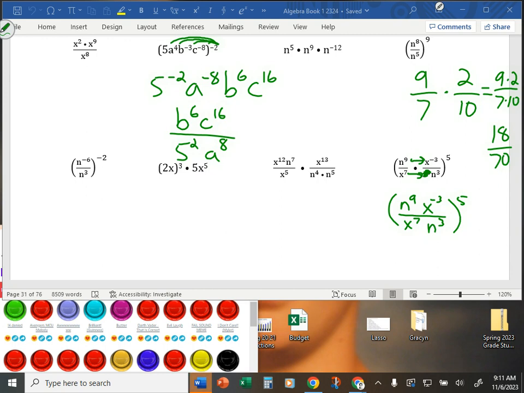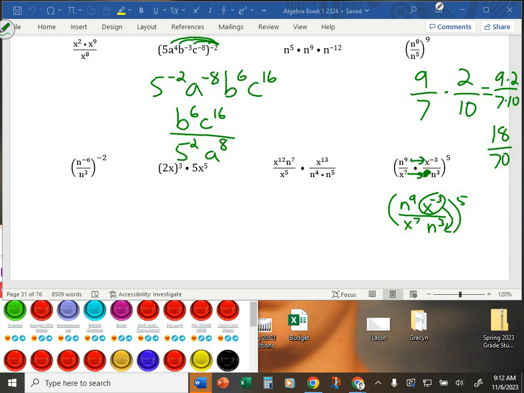So now we're here. James is saying we can combine these bases. Evelyn, how can we combine our bases of n's or our bases of x's? What do you see? Well, I'm only going to move my x to the negative 3rd because that's the negative power. And if I move that x to the negative 3rd down, how many x's are in my denominator now? 10.